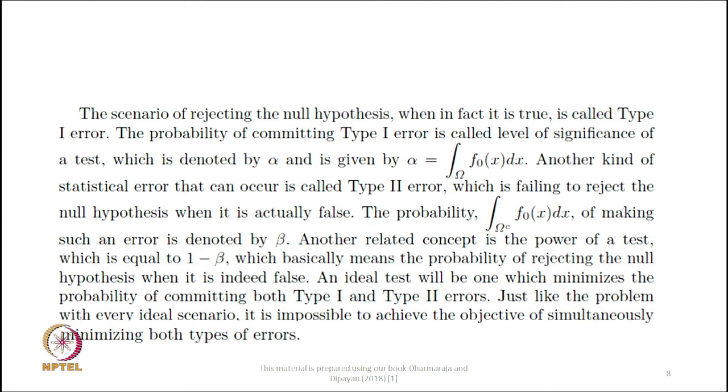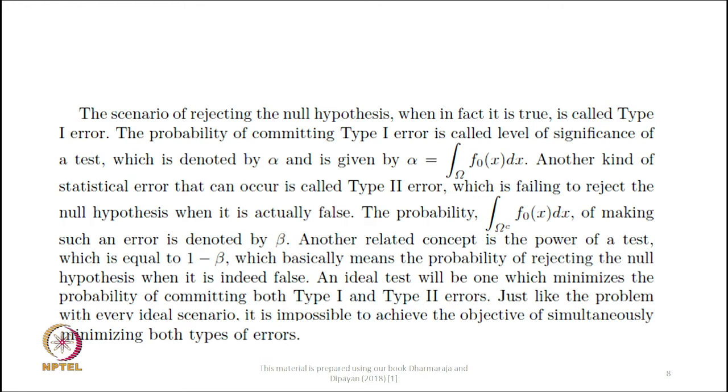Forget about testing of hypotheses and statistical analysis and everything. Suppose you have a statement, that statement can be true or false. Similarly, the observed information may conclude the statement is true or false. That means you have four possibilities. The observed information can conclude true about the null hypothesis, and your null hypothesis is also true, then there is no error.